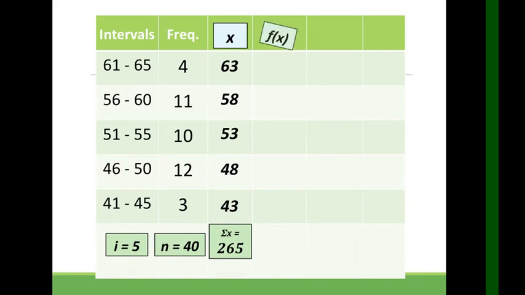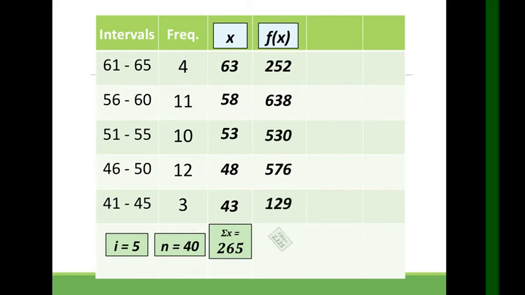Next, we have fx, which means multiply the frequency and the x. So 4 times 63, we have 252. 11 times 58, 638. 10 times 53, 530. 12 times 48, 576. 3 times 43, 129. Get the summation of fx, so you will get 2,125.